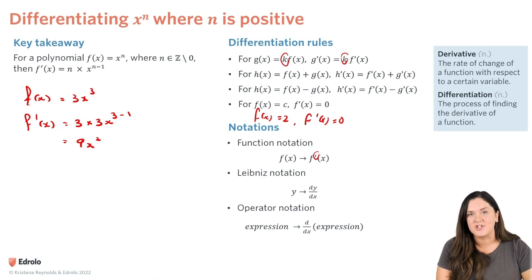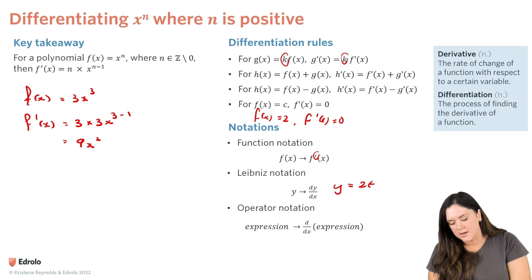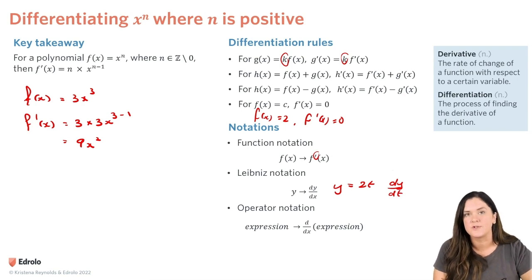But if we have just y equals something, then we end up with dy dx. If we have, for example, y equals 2t, and we want to differentiate something like that, then the notation would be dy dt. So we just need to make sure what variables we are looking at and represent them there in the derivative properly.